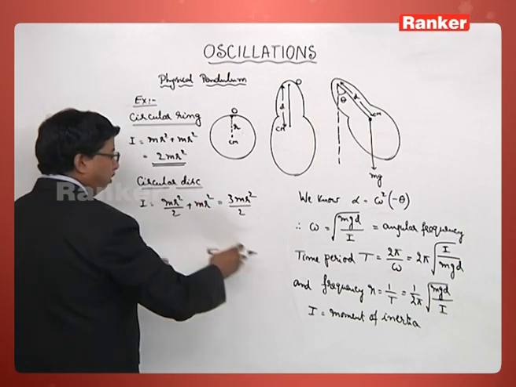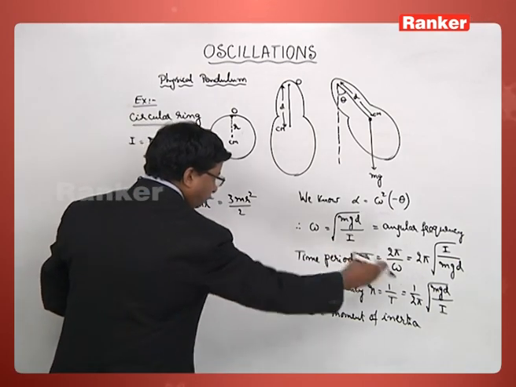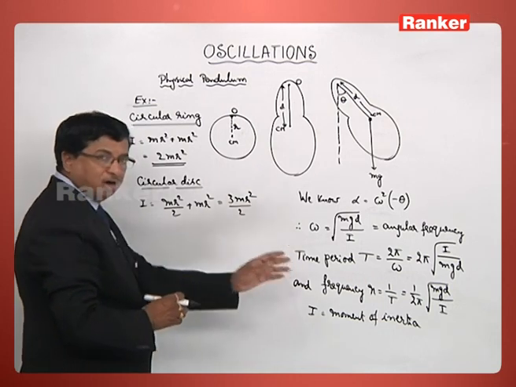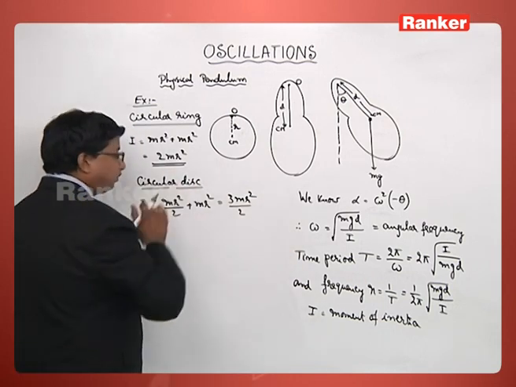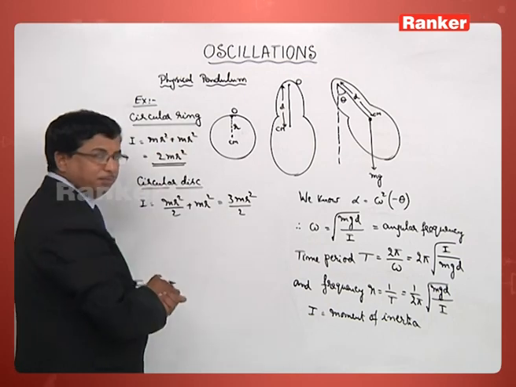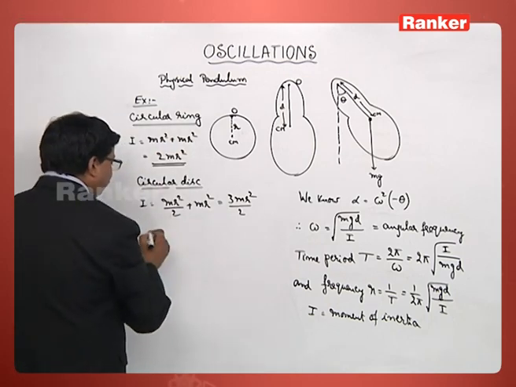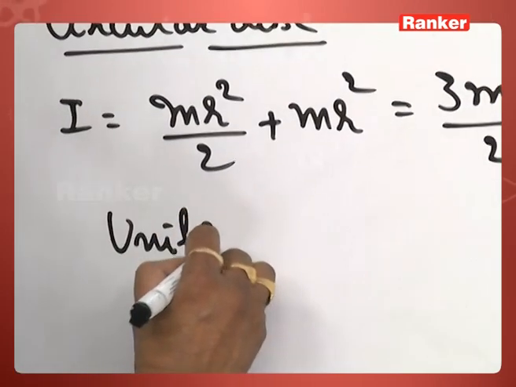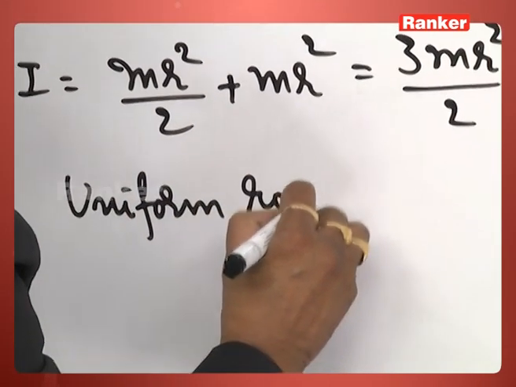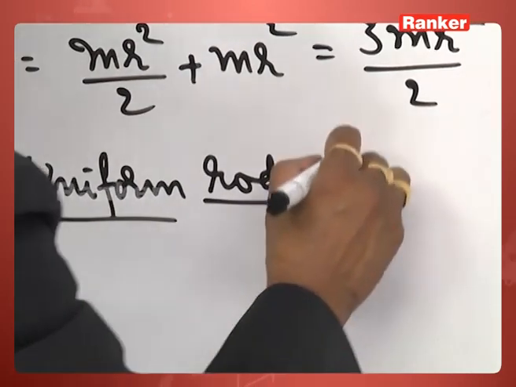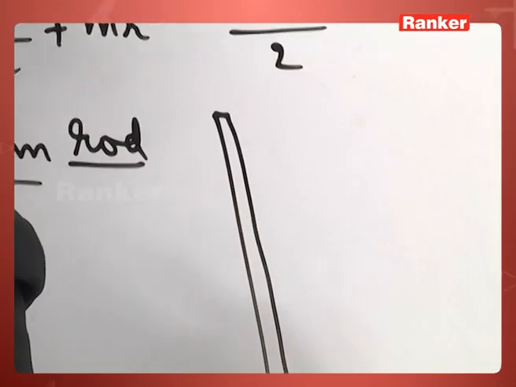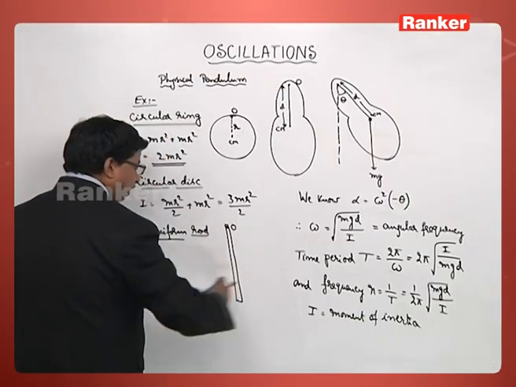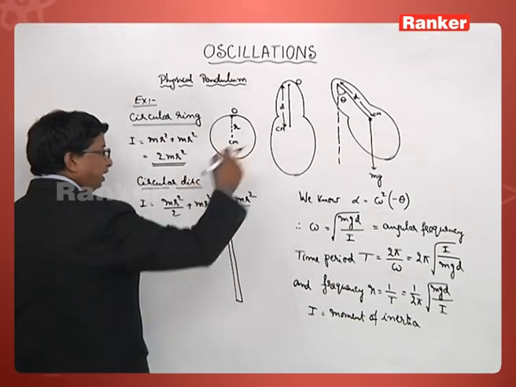This formula we can write in each of the equations to calculate omega or T or n for a circular disc when it is fixed like this. Exactly in the same manner for a uniform rod. Suppose I consider the body as a uniform rod fixed at O and made to oscillate.